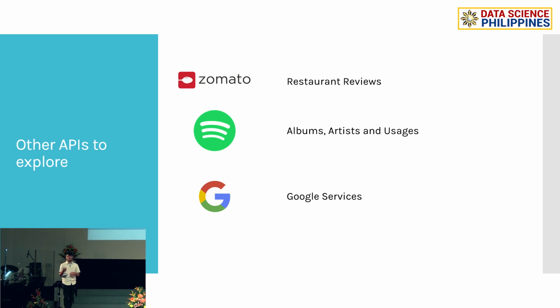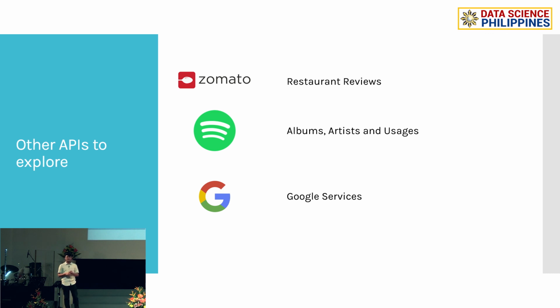We've gotten restaurant reviews, and we've actually included this in DataSeer's courses. We actually use Zomato reviews, right? Another one, albums, artists, and usages in Spotify. You can actually access it using a Spotify free API. Again, there are limitations to what you can do with a free API.